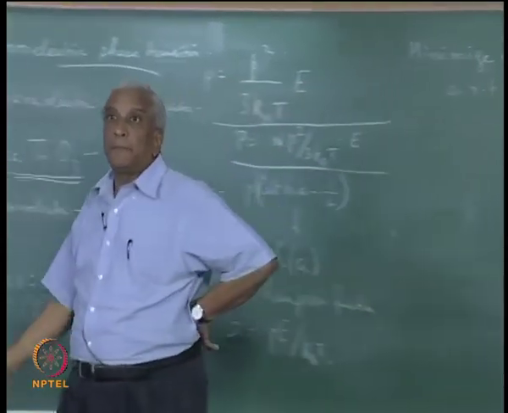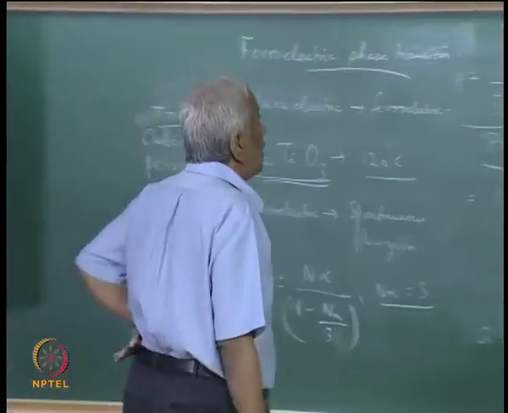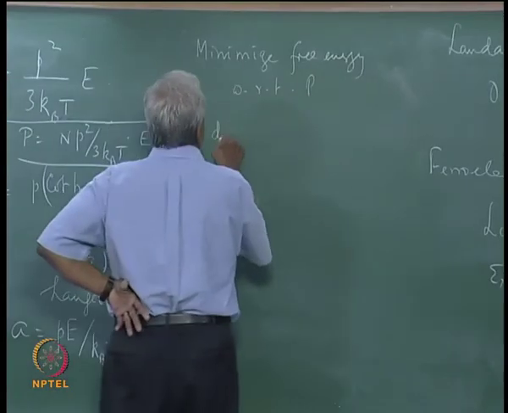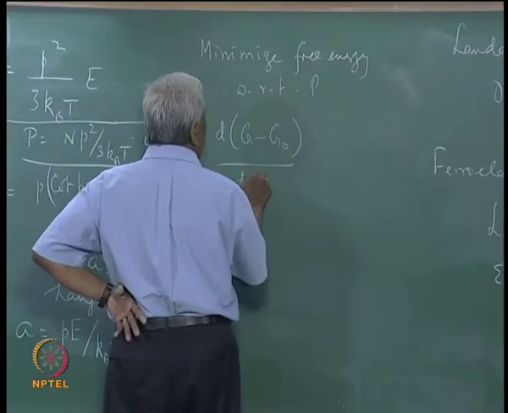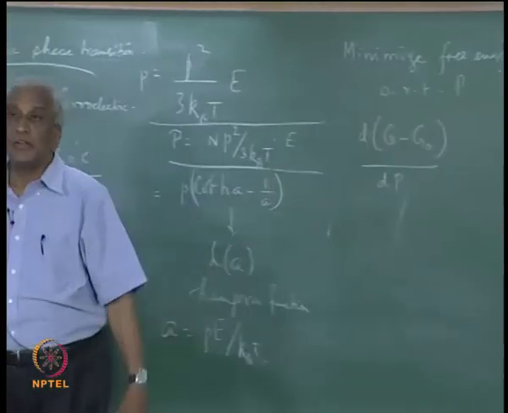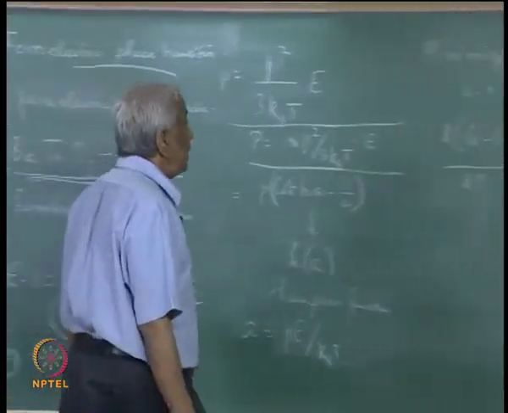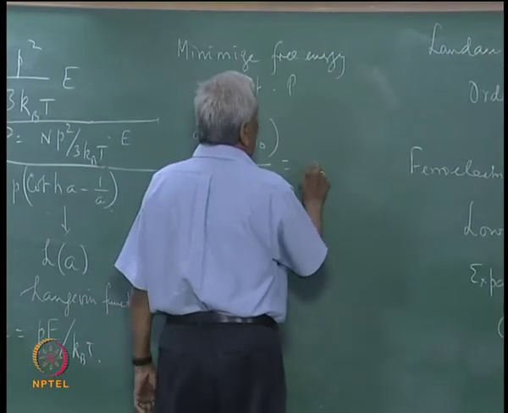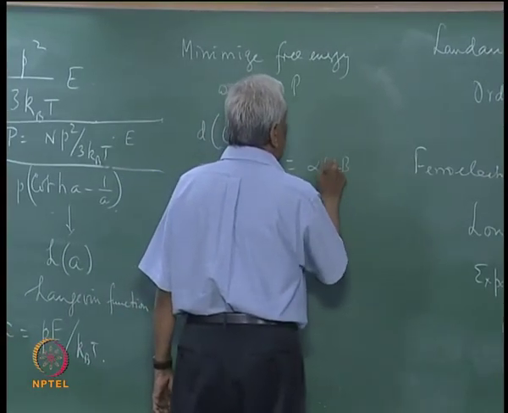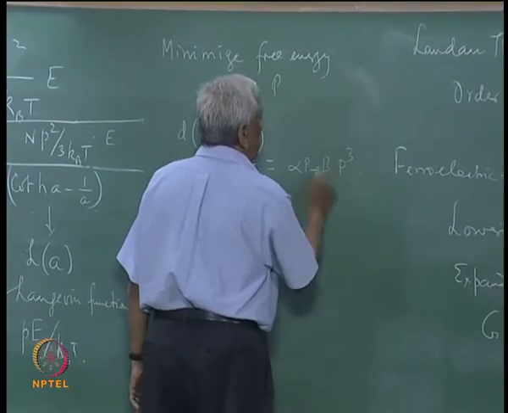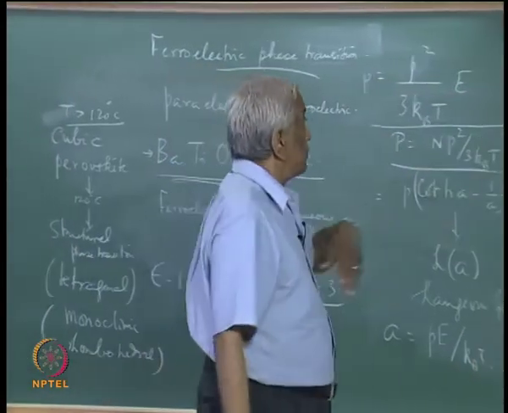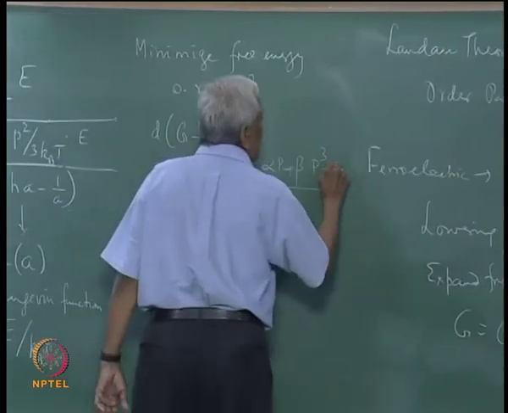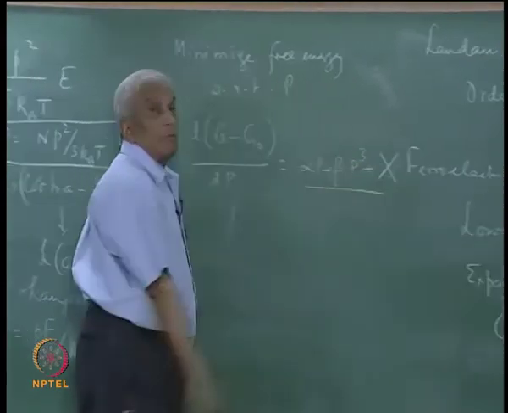Changes in P. So, if I do that, this is the free energy difference, and this is minimized by taking the differential coefficient with respect to P, and that will be alpha plus alpha P plus beta P cube, neglecting the higher order terms.